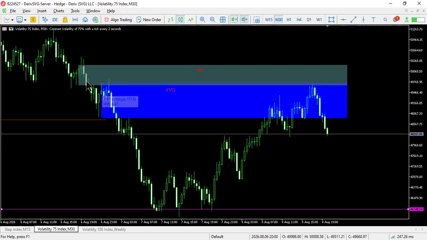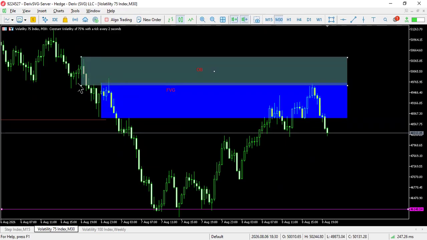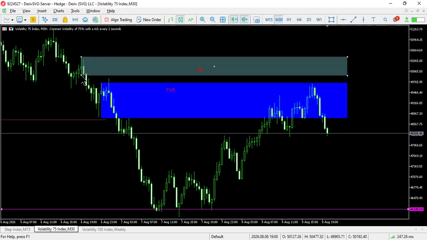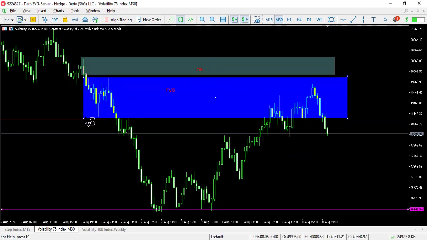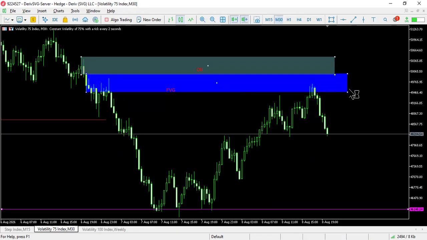If we head over to the M30, as we can see, price is pushing down from that FVG.